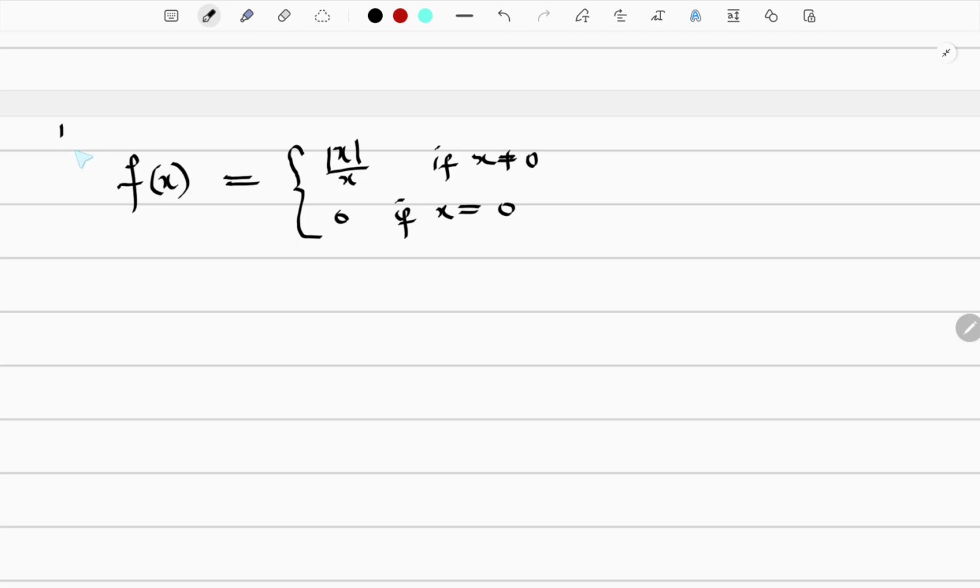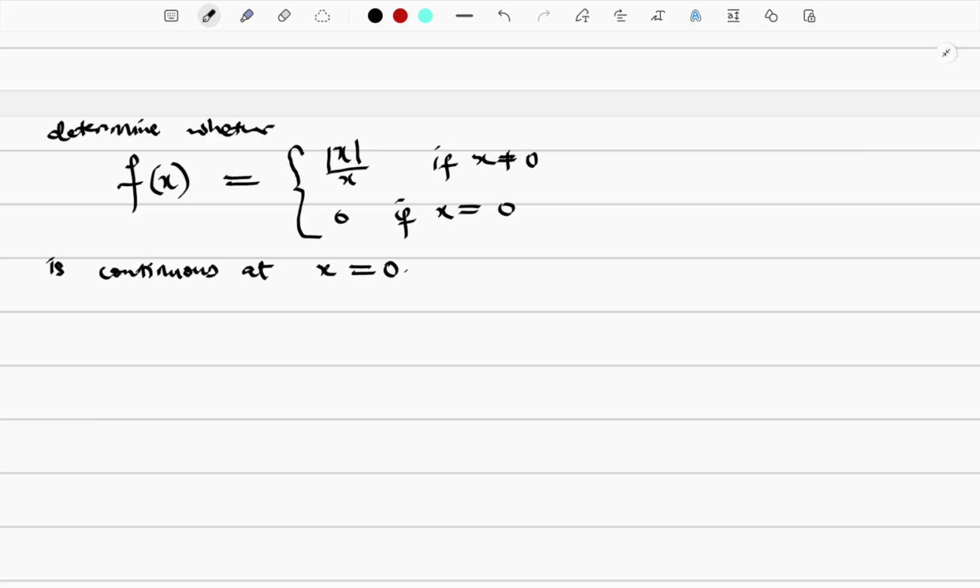So the question should read: determine whether f of x, which is equal to that, is continuous at x equal to 0.